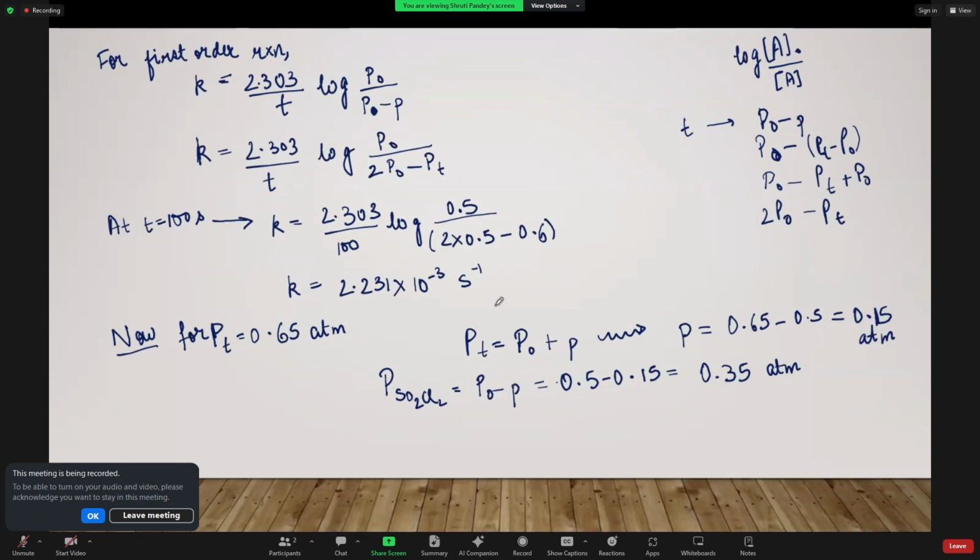ठीक है, तो ऊपर जो हमने K का वैल्यू निकालने के लिए सारा डेटा यूज किया है, that is when time is 100 seconds. This is for time which is more than 100 seconds. ठीक है, so this is 0.35 ATM, which is the partial pressure of SO2Cl2.